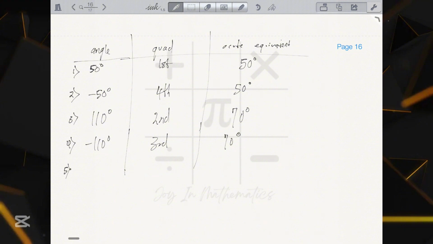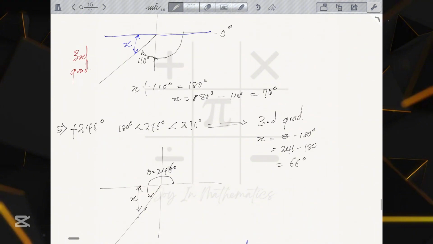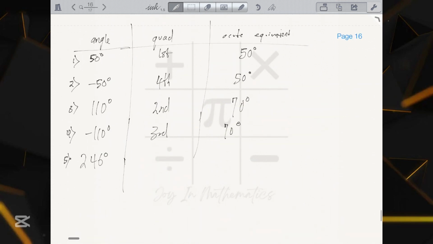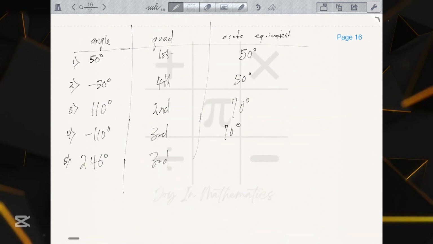Question number 5, which is 246 degrees, is in the third quadrant with an acute angle of 66 degrees.